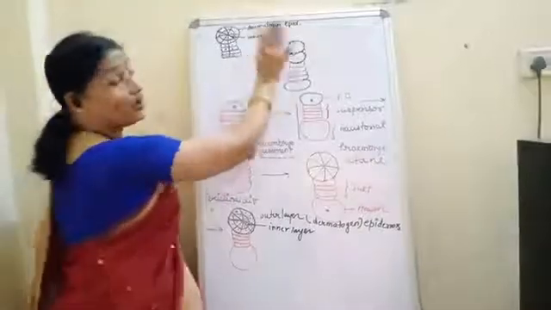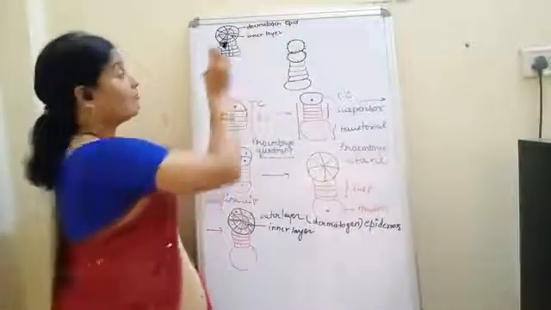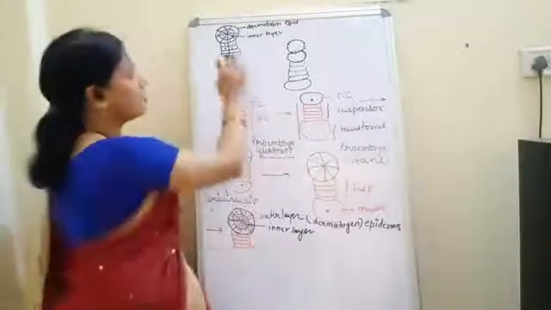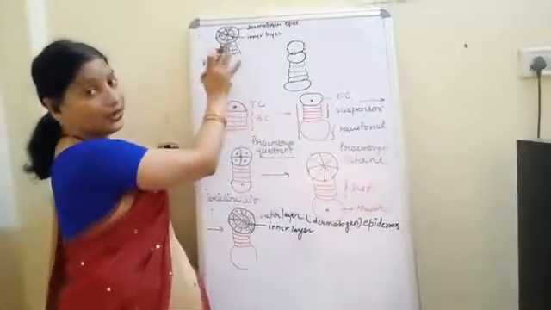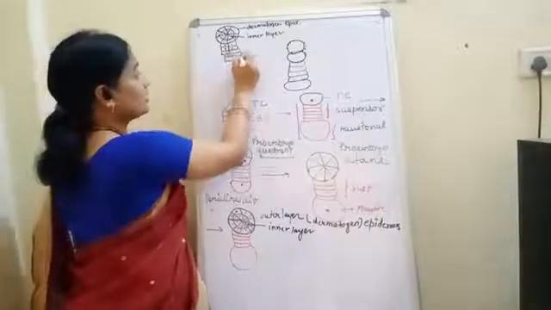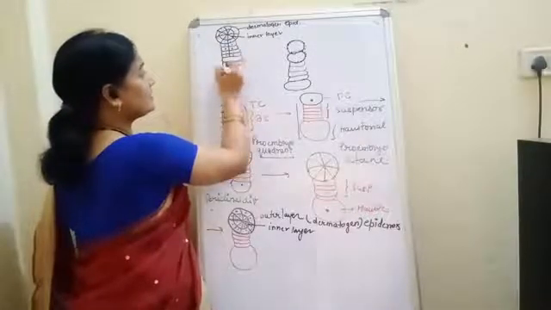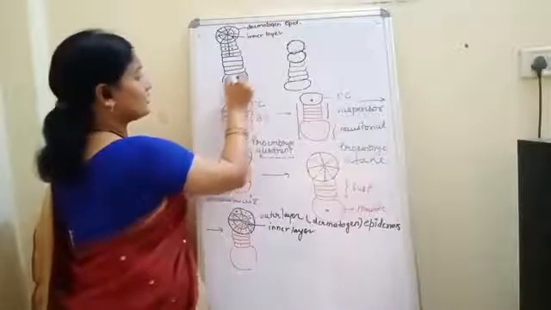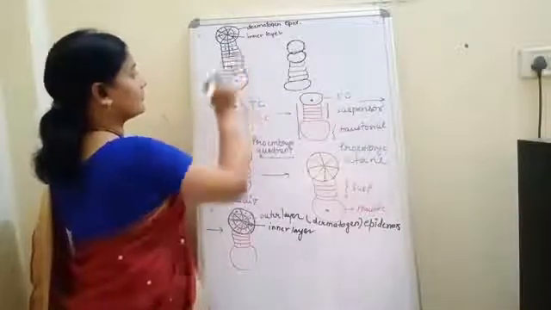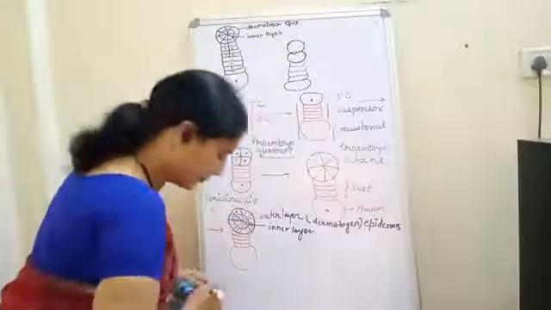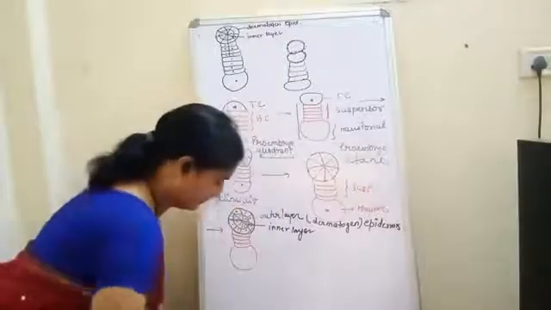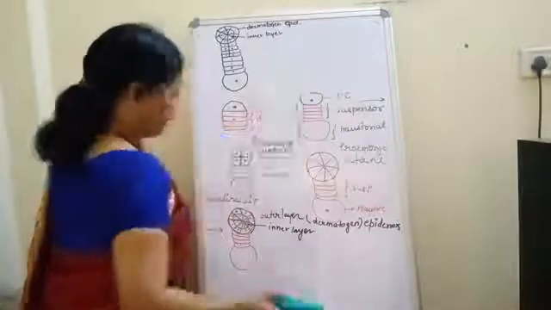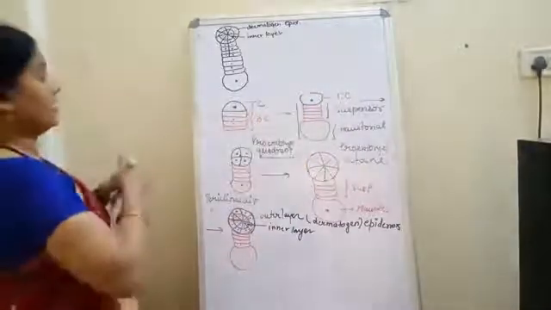But we want to see all the structures, all the parts of the cell, because they all will form different structures. So I'm showing you everything. Now after this, come to the suspensor and haustorial cell. Okay, clear? Till here it is clear now.